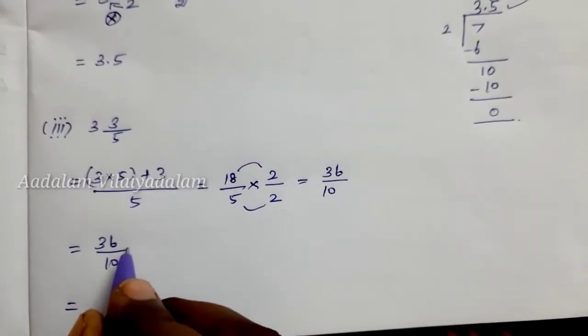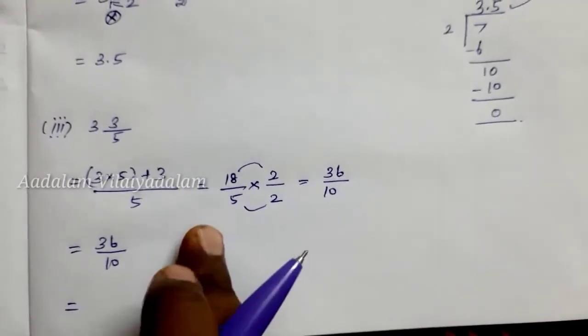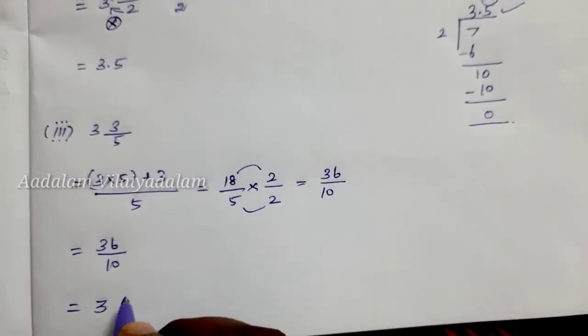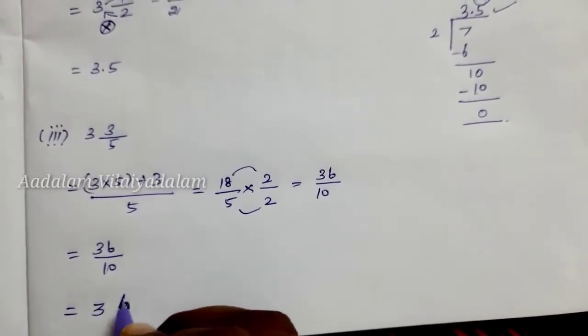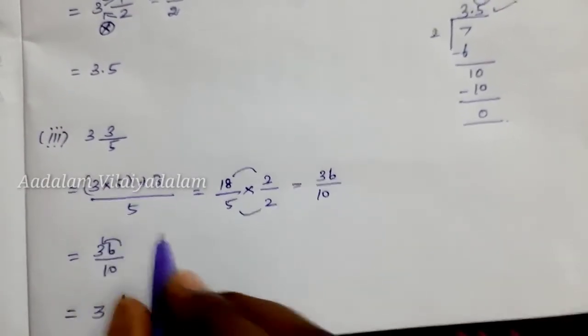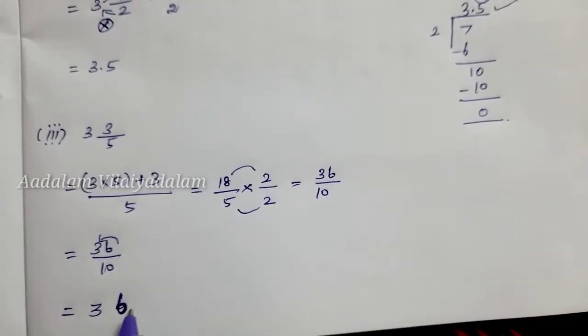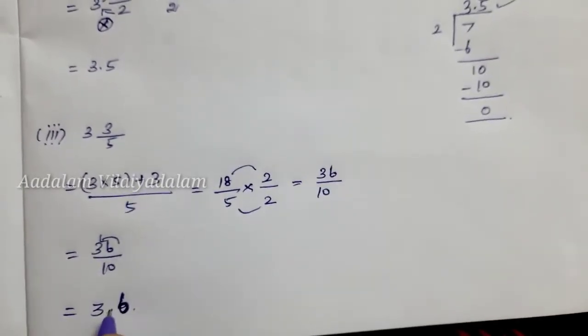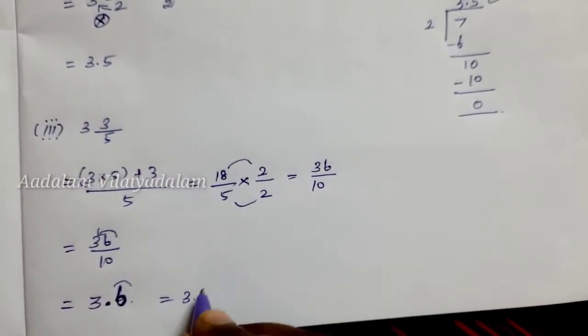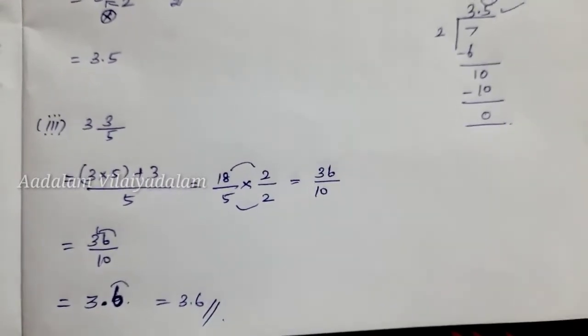So we need to move the decimal one digit from right to left. Write the number 36, then move the decimal from right to left. So we get 3.6. Therefore the required decimal number is 3.6.